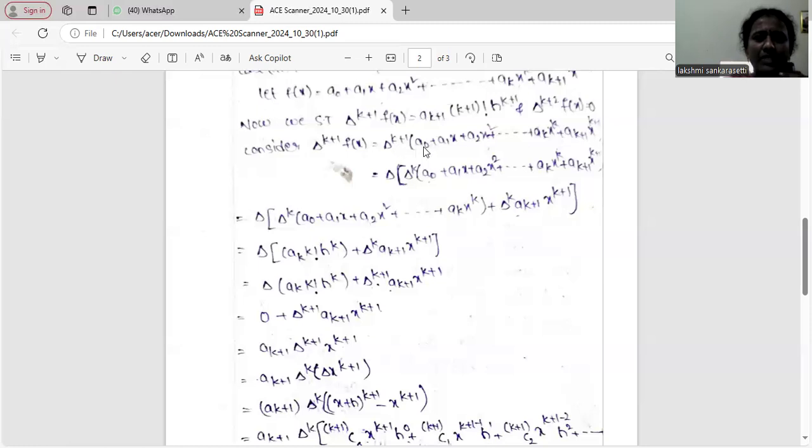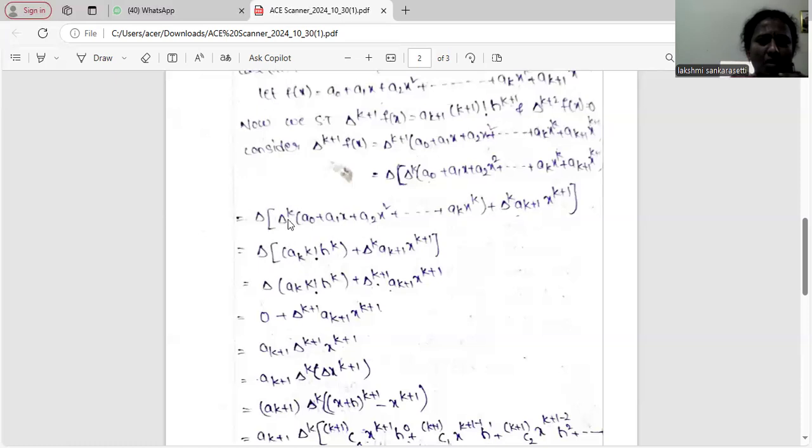This delta power k+1 of f(x) can be written as delta power k of delta f(x), and this can be rearranged as delta power k of (a_0 + a_1 x + and so on plus a_k x power k), separated with a bracket, and the next term followed by plus delta power k of a_{k+1} x power k+1.